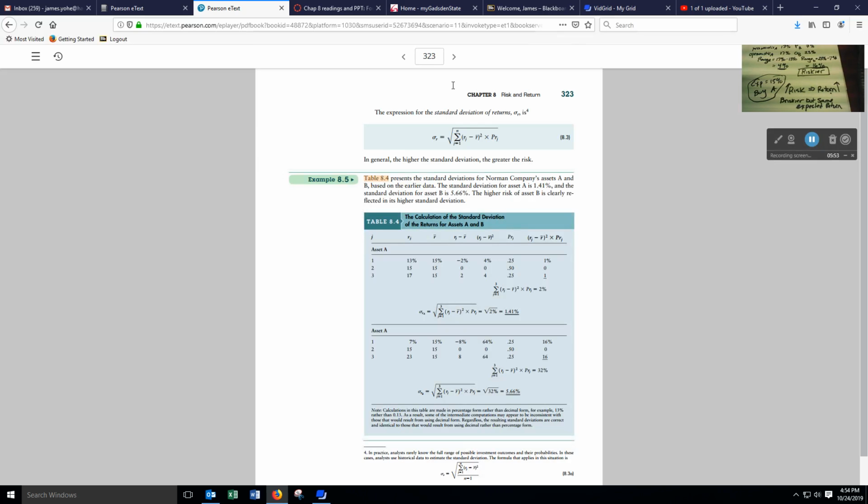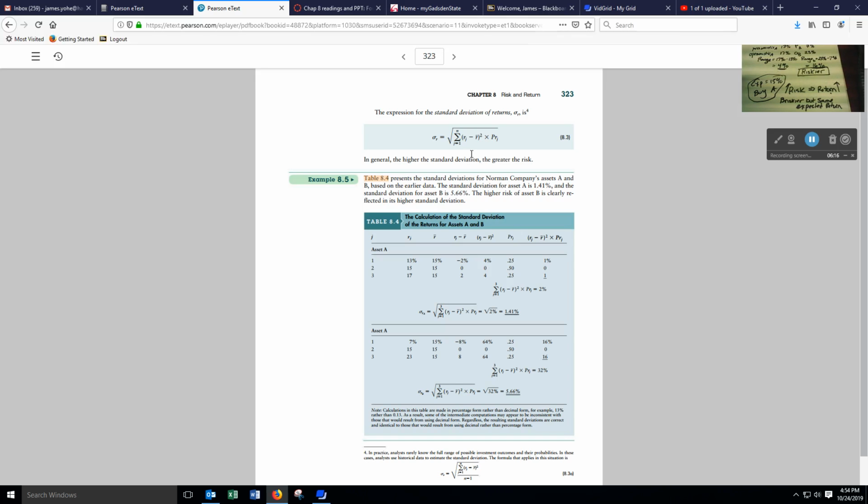Now, again, from the last lecture, we said that in order to get me to take more risk, you've got to give me a higher return. So if these two assets both produce the same return, I'm going to want to pick the one that has the least risk associated with it. So for that, we're going to calculate the standard deviation of the returns.